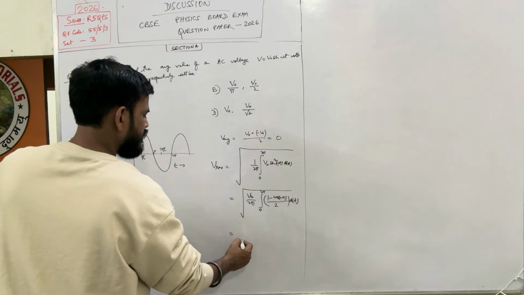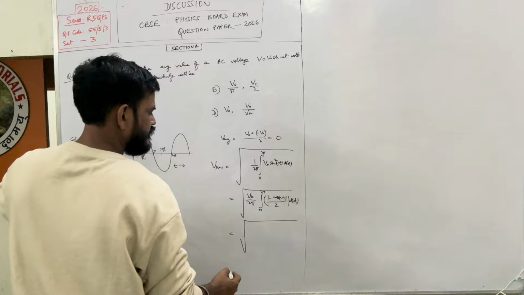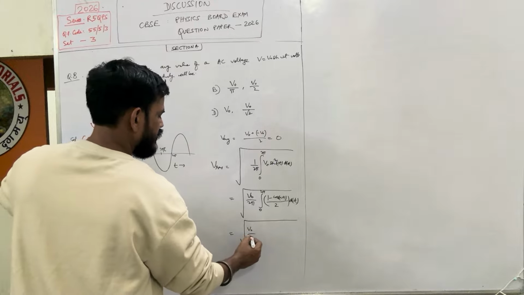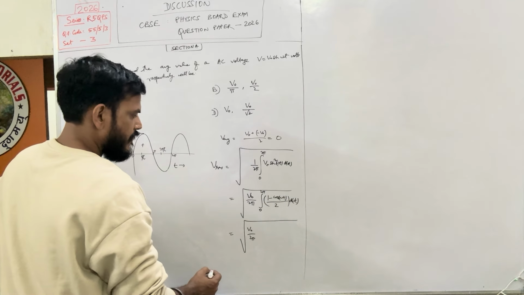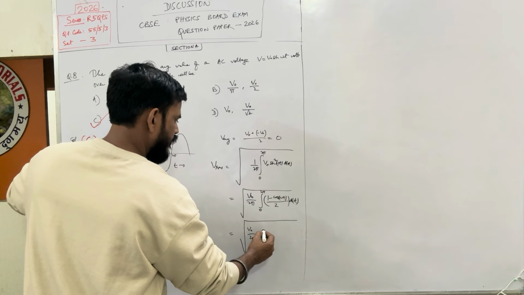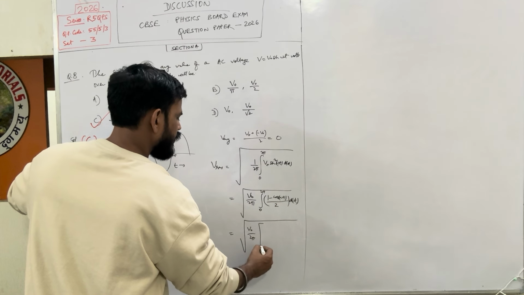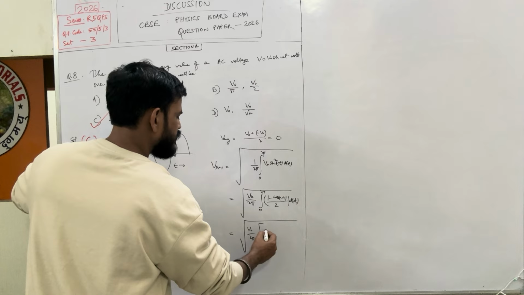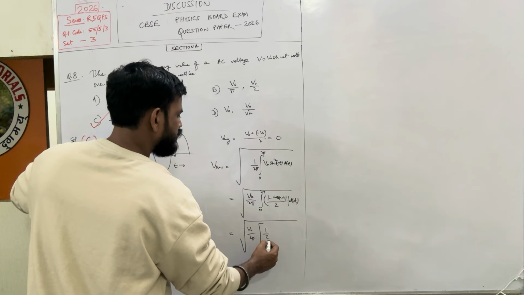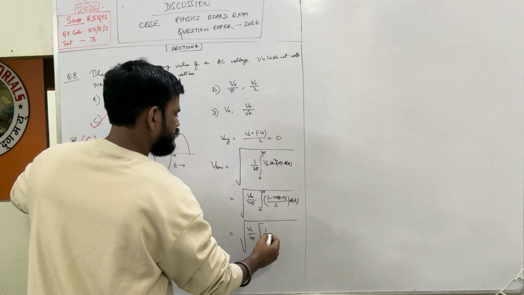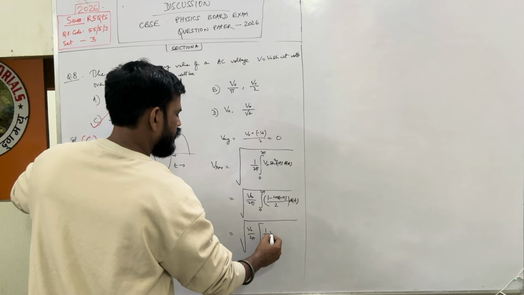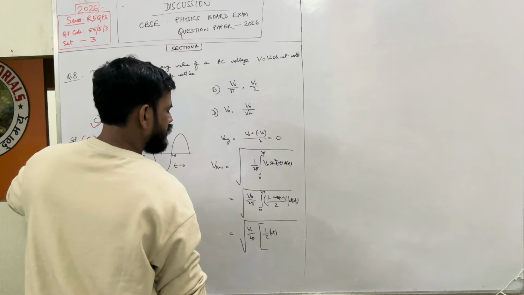So it becomes V naught by 2 pi, and the integration comes out to be 1 by 2 omega t.